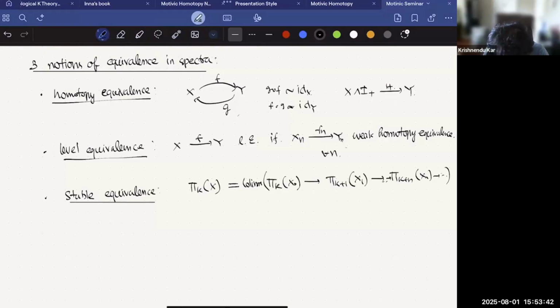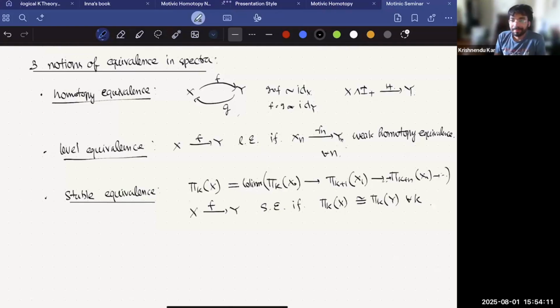This is called the stable homotopy group, or homotopy group of spectra. And I say that a map between spectra X to Y is a stable equivalence if it induces isomorphism on all the stable homotopy groups. So it's literally like the equivalent notion of weak equivalence for our actual homotopy groups.